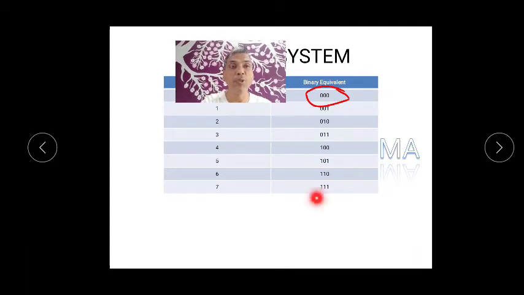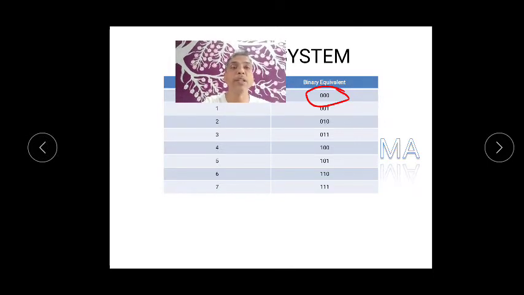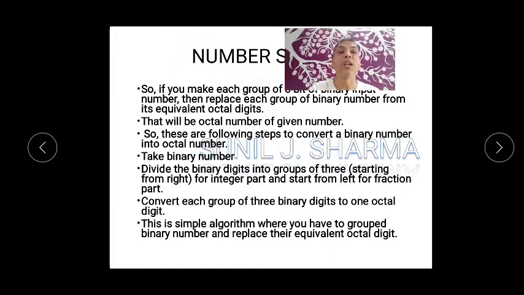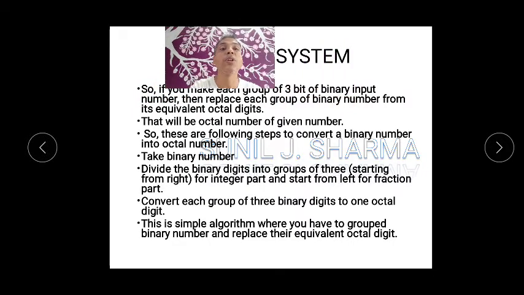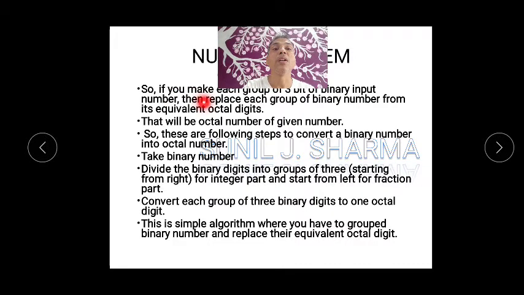Now if you remember this, it is very easy. I'll teach you a shortcut method also. Let me go ahead and then I'll teach you. Again there is an explanation, so no need for it, but still I will read it for you. If you make a group of 3 bits in binary, then replace each group of binary with its equivalent octal.